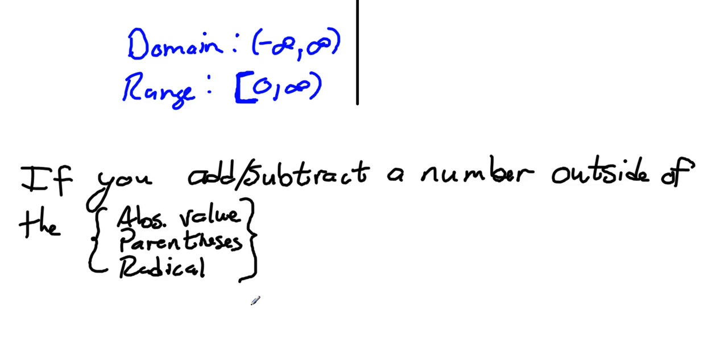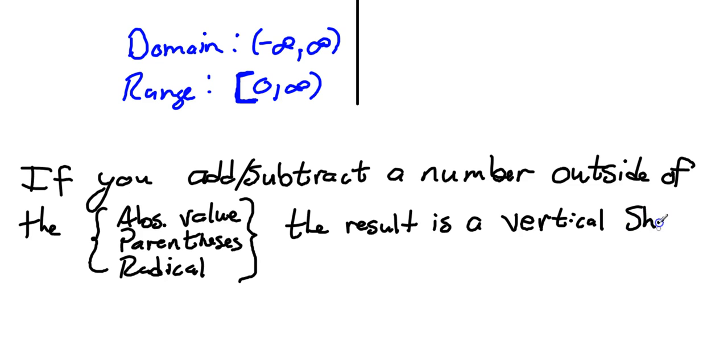This one's going to give you a vertical. So if you add or subtract a number on the outside of the absolute value, let's say the result is a vertical shift. And for this one, it's the normal direction.